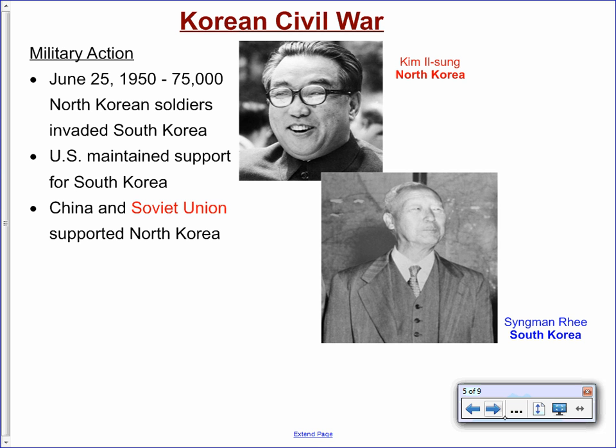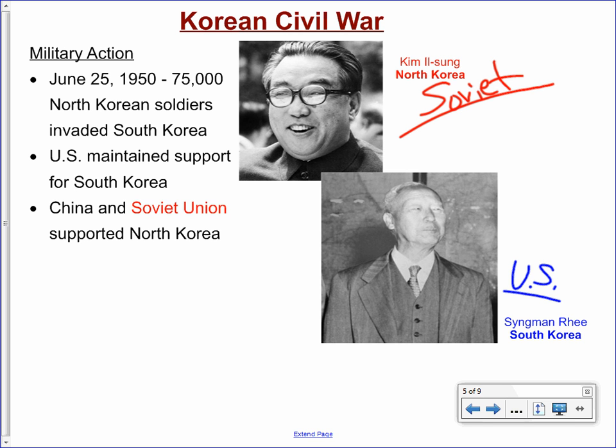All right, where North Korea is going to be supported by the Soviet Union and the dictator there. They're both dictators, which is kind of weird, right? But the whole idea is the United States wanting to stop communism from spreading. So the Soviet Union is going to support Kim Il-sung, who's the first dictator of North Korea, and the United States is going to support Syngman Rhee, who was also a dictator, but he wasn't communist, so that's why the U.S. supported him.